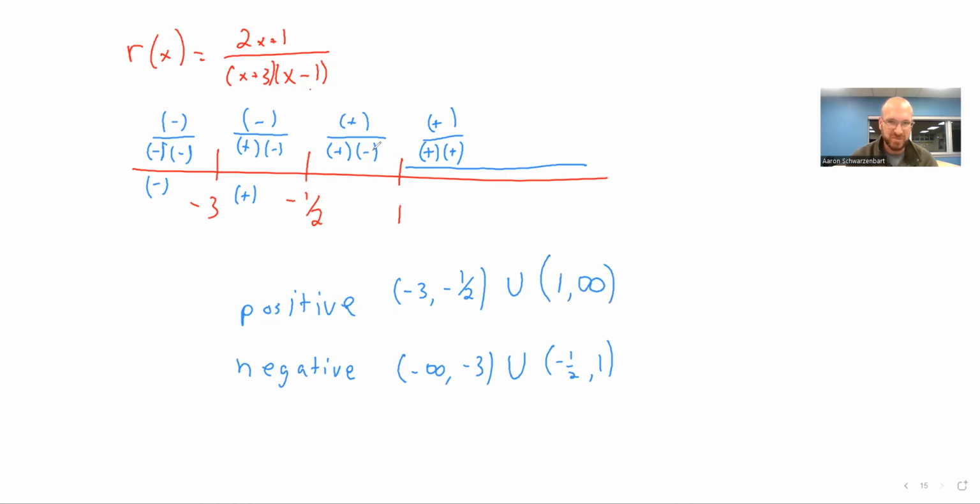Part of why these sign charts work is the only place you can't switch from positive to negative without either crossing the x-axis at a root, that's my -1/2, or jumping somehow. And the only way we can jump with these type of functions, without having a piecewise function, is to have a vertical asymptote.